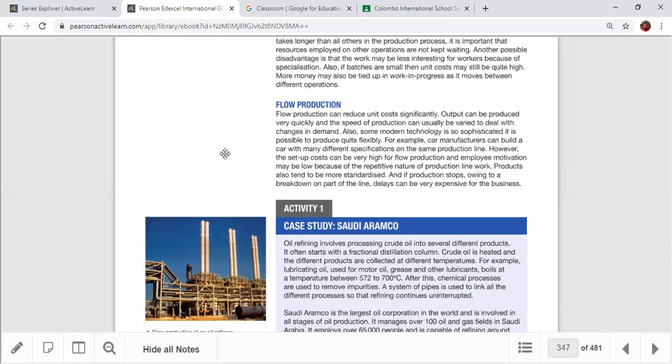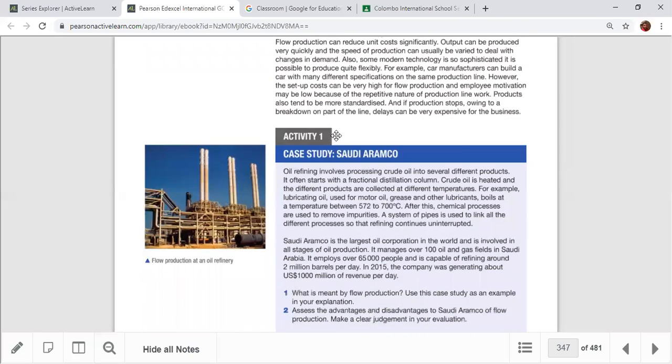These are the advantages and disadvantages of flow production. If a machine or the production conveyor belt breaks down, it will affect the entire production. You can't proceed thereafter, so it will be very expensive. Right, so that's the main idea of job production, batch production and flow production.